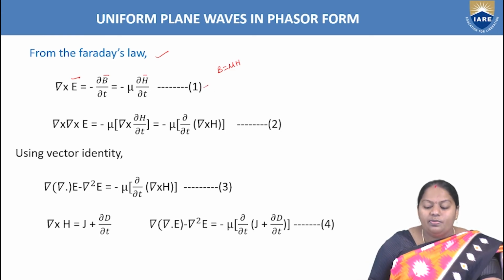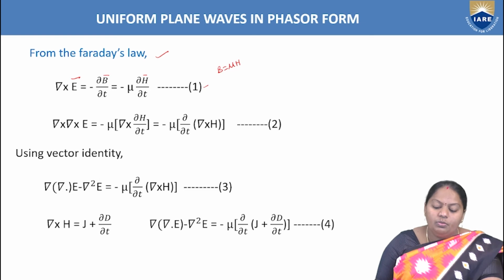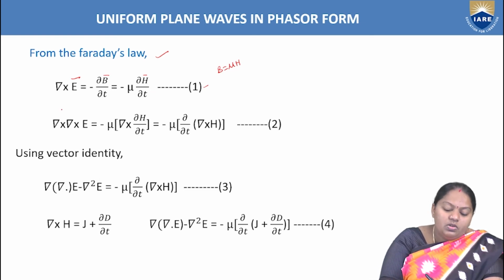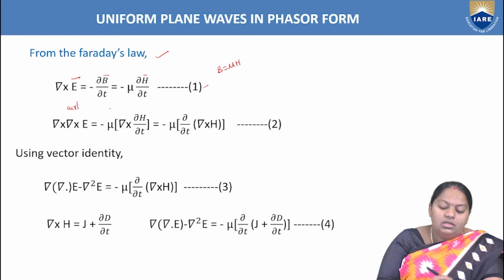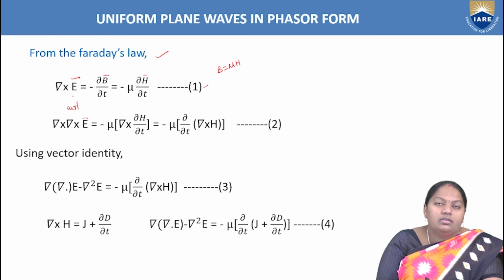Now, to simplify this for uniform plane waves in phasor form, we apply the curl function to both sides of this equation. The curl of the electric field intensity E is already considered according to Faraday's law.